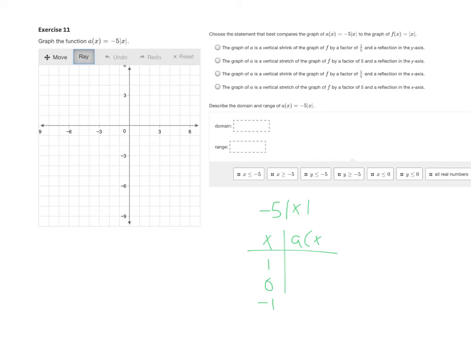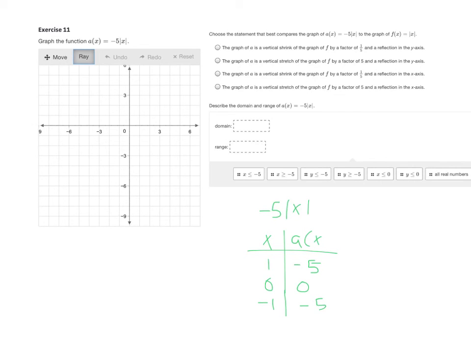So if I put in 1, the absolute value of 1 is 1. 1 times negative 5 is going to be negative 5. Absolute value of 0 is 0. 0 times negative 5 is 0. And then the absolute value of negative 1 is positive 1. 1 times negative 5 is negative 5.